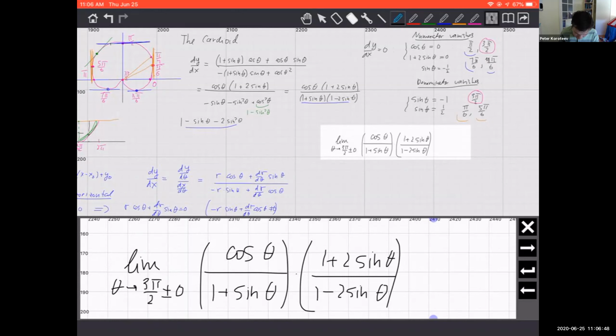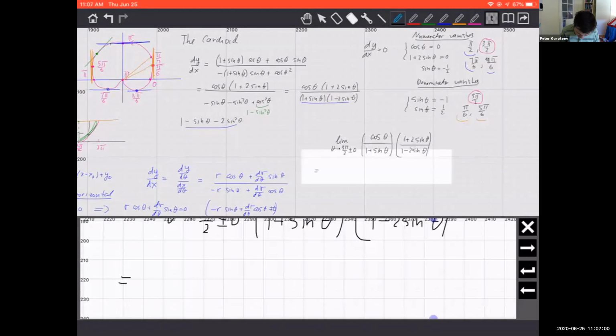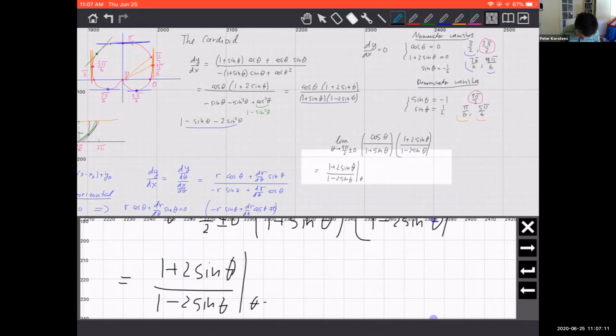It is the first one which is a problem. Remember, if you have two functions, the limit of the product is the product of the limits if both limits exist. Therefore, we can just evaluate 1 plus 2 sine theta over 1 minus 2 sine theta at theta equal to 3 pi over 2, because we know that this is a continuous function at that point. However, the first fraction is not, right? So then we need to do the L'Hopital.